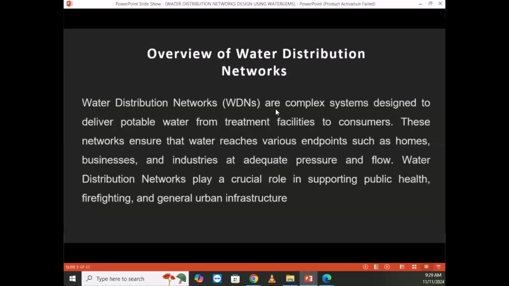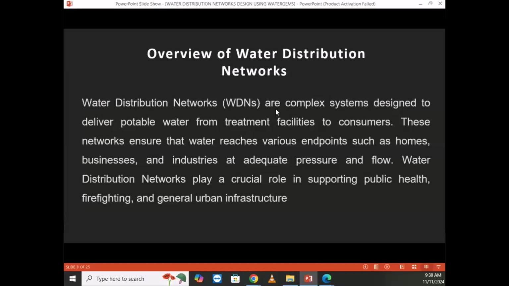Yes, please. I would say it's a system that transmits water from one point to another. Just a system transporting water from one place to another.